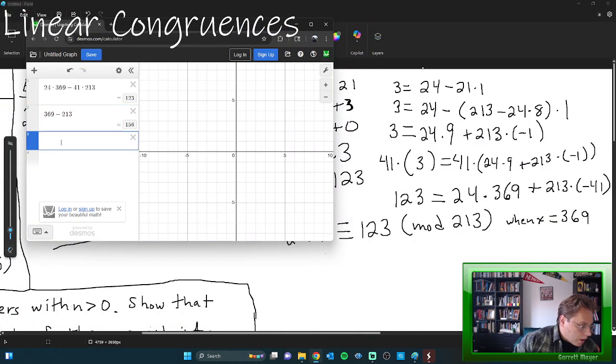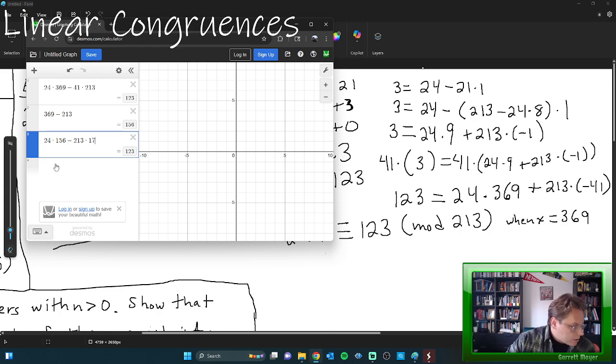Just showing why that is: 24 times 156, if we divide by 213, gives us 17. So minus 213 times 17 gives us our 123 again.